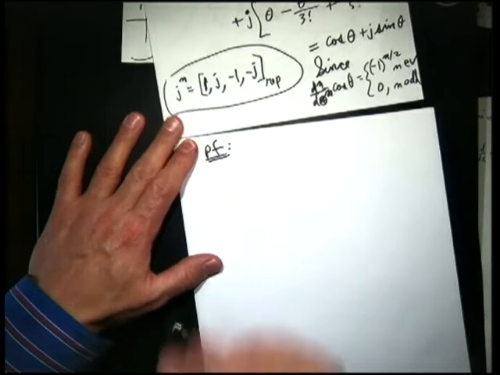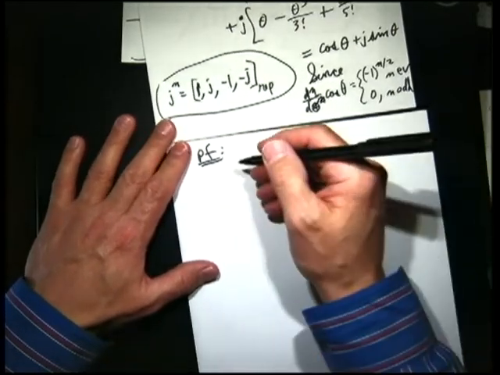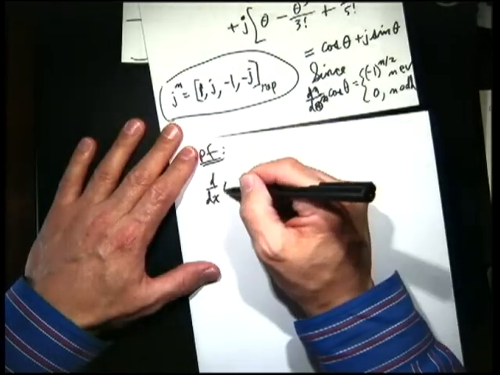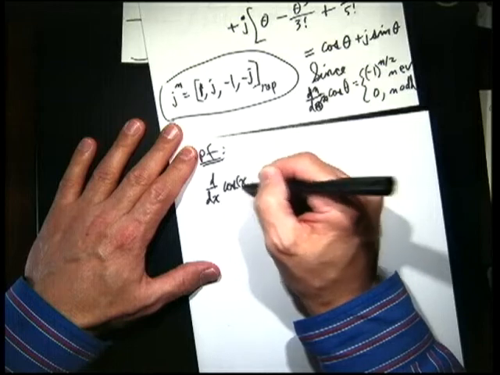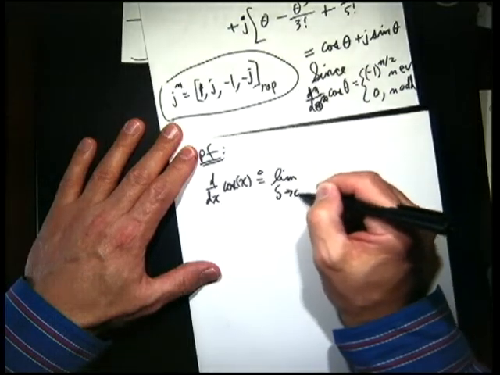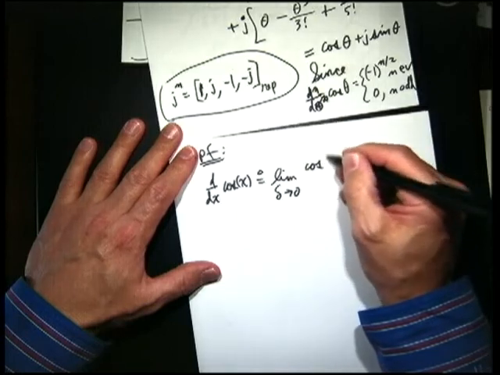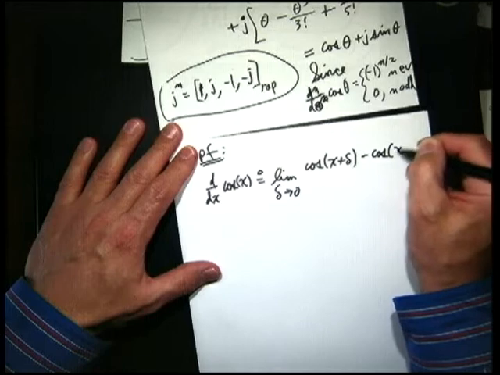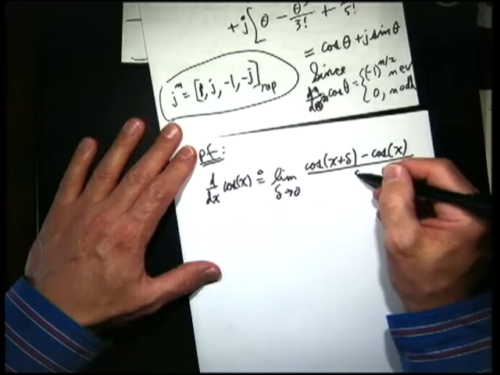All right, so let's look at the derivative of cosine. The derivative with respect to x of cosine of x is defined as the limit, as delta goes to 0, of cosine of x plus delta minus cosine of x, over delta.